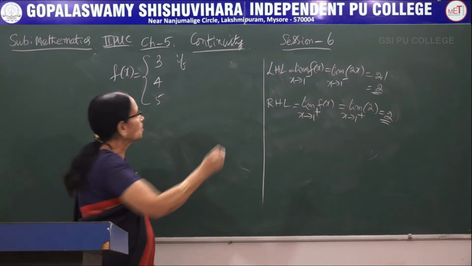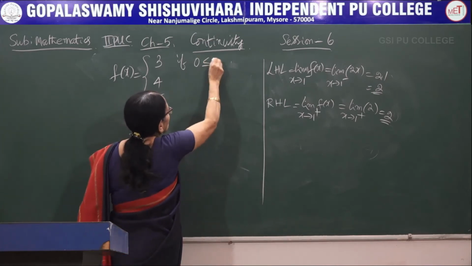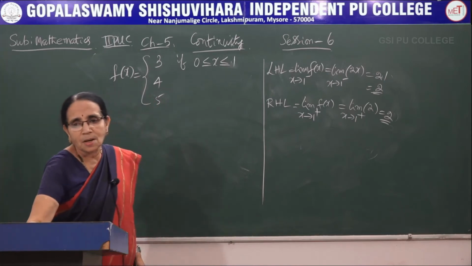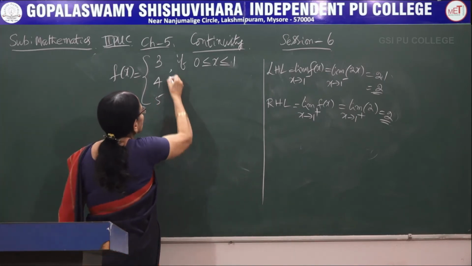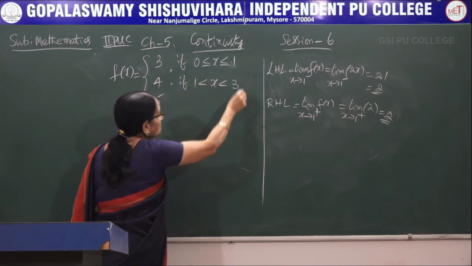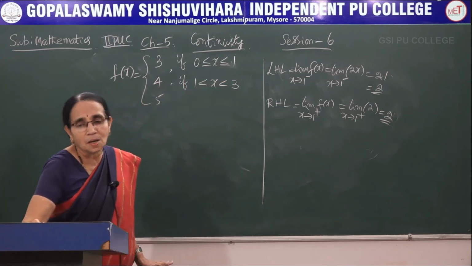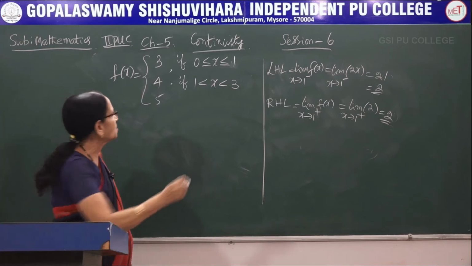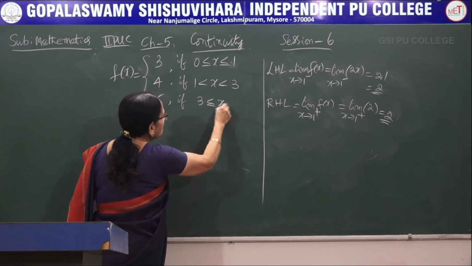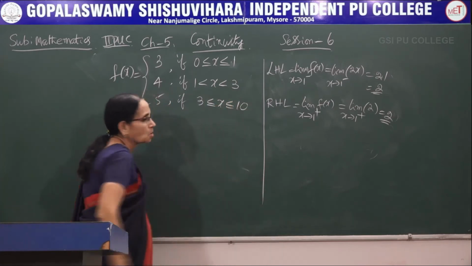If 0 less than or equal to x less than or equal to 1, first case. Second case, if 1 less than x less than 3, we have strict inequality. And the last one, the condition is 3 less than or equal to x less than or equal to 10.